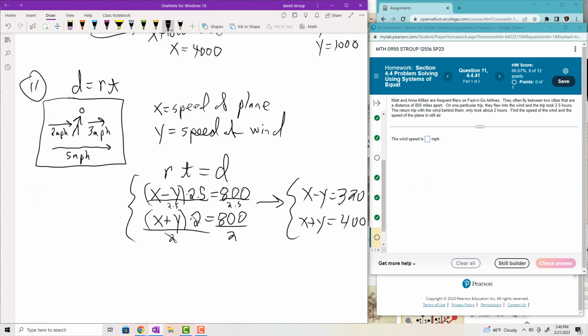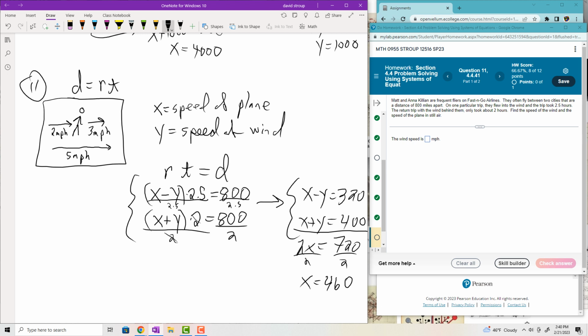So if you do it that way, you'll automatically have a cancellation between the y variables. So you'll have x plus x is 2x, the y's cancel, and then you have 720. Then divide by 2, and you get x equals, it looks like 460 maybe. Which seems reasonable for the speed of a plane.